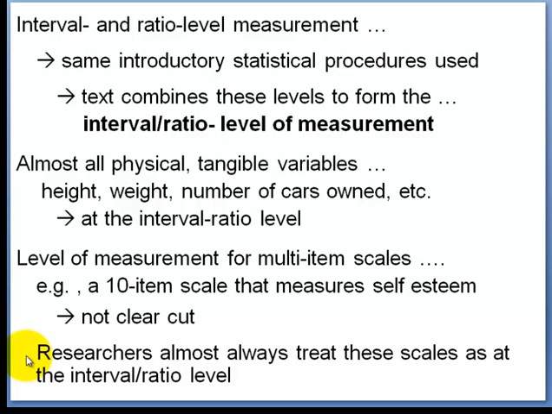For the most part, we will do so in this text. Not all the world works in perfect ways, and I think that the consensus is that treating multi-item scales as true numeric data, as interval ratio level data, for the most part, is a good practice.